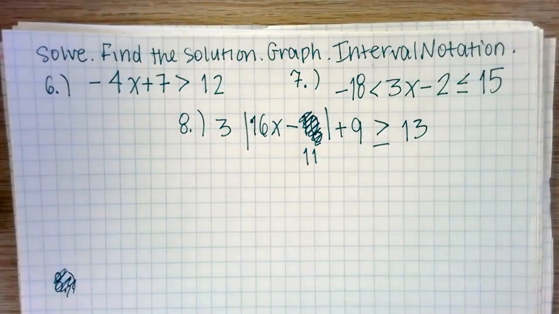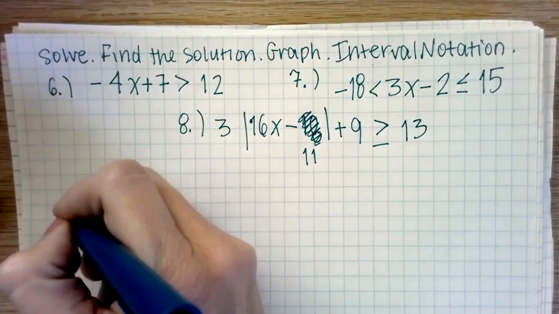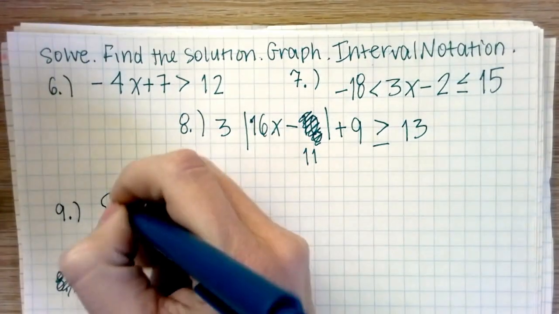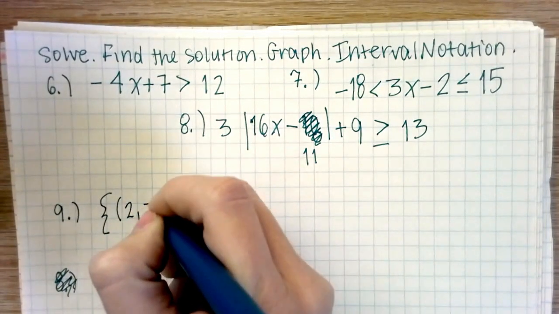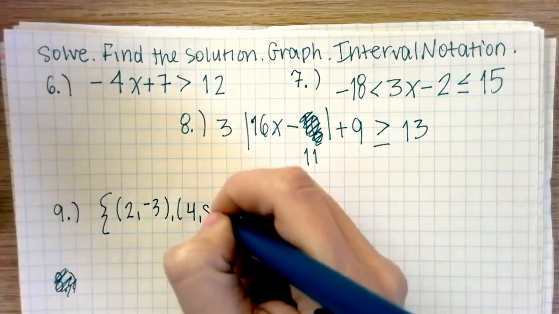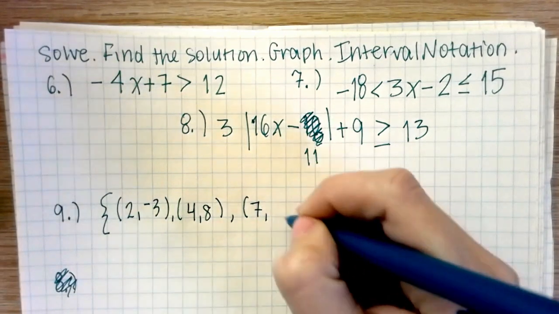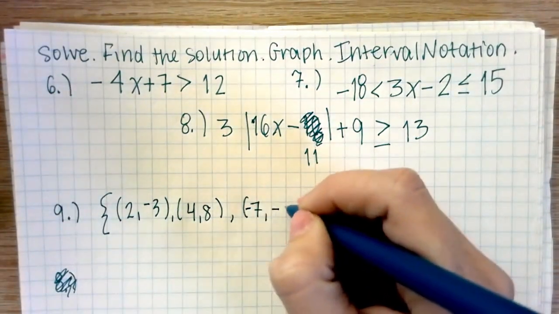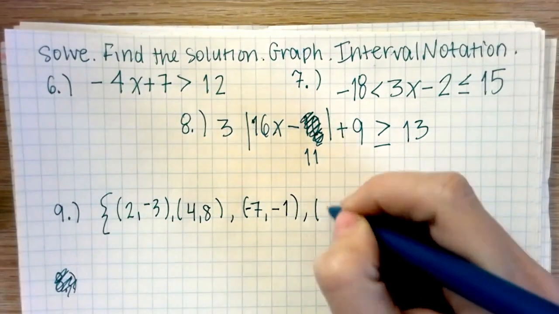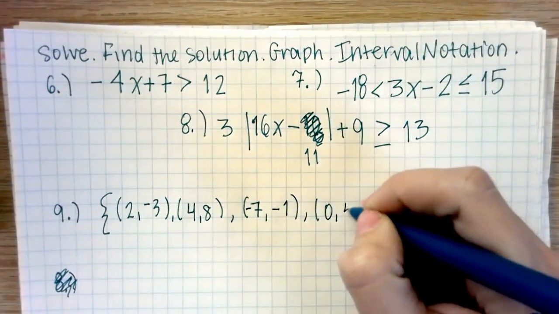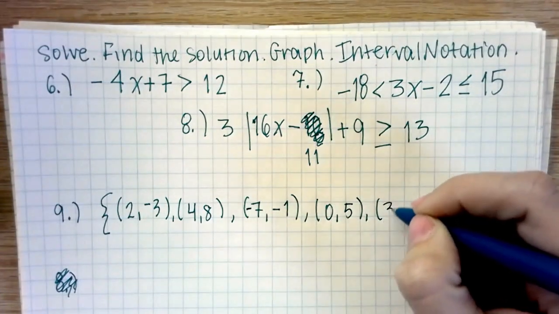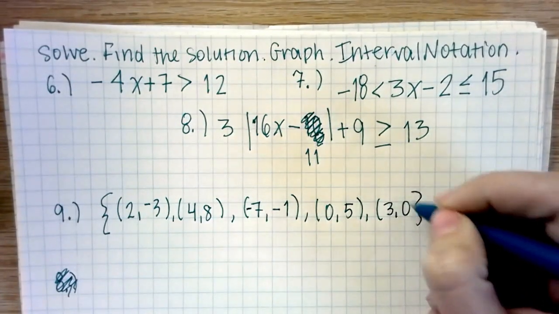What else can I ask? So let's say number 9. What if I give you a set of ordered pairs? 2, negative 3, 4, 8, 7, negative 7, negative 1, 0, 5, and 3, 0.